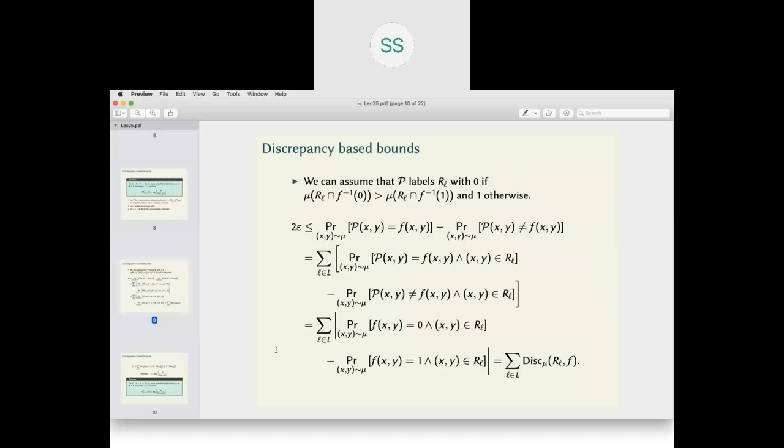So I'm just wondering where that is actually used. It seems like in the third line, I already mentioned that this should be less than or equal to. Perhaps in this line we need that.